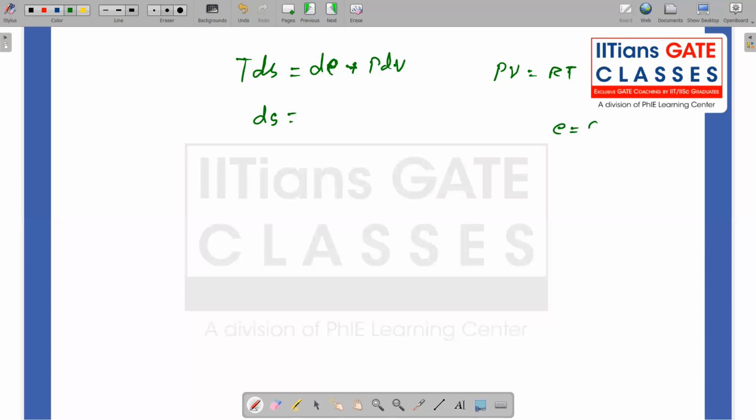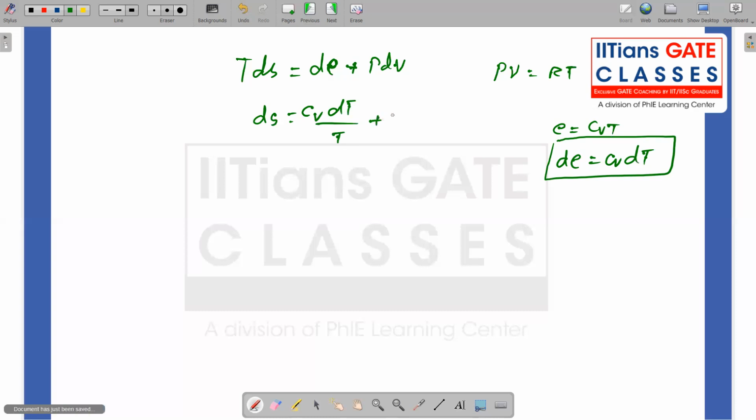If E is equal to Cv times T, taking a calorically perfect gas, then dE is equal to Cv times dT. So I can write Cv dT, and dividing by T throughout the equation, that becomes dT by T plus P by T times dV.